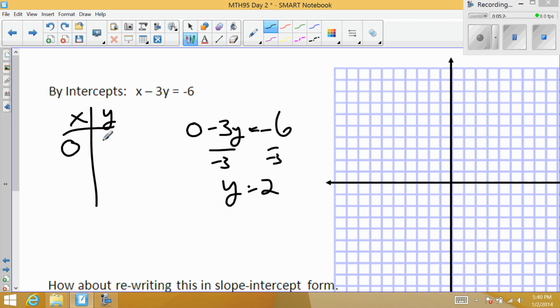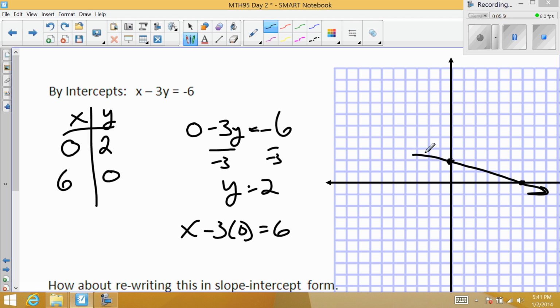So when x is 0, y is 2, and that's going to be my y-intercept, this point on the graph. And then if I let y be 0, I get x equals 6. 1, 2, 3, 4, 5, 6. I now have 2 points, and I only need 2 points in order to graph a linear function. So that's pretty quick to do.